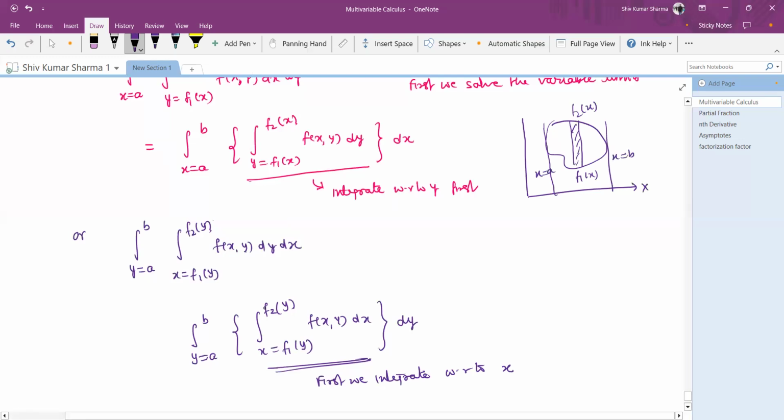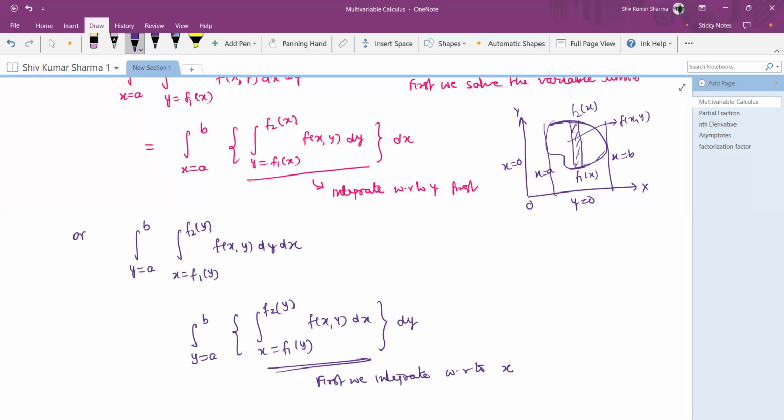So the ordinates of x are constant and the limits of y are variable.